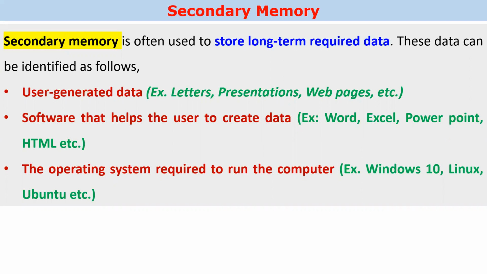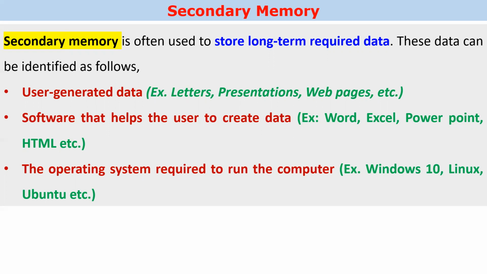These examples we are going to learn based on three categories. These three categories are actually the technology they are using to create these secondary memories. There are three different technologies they are using to create the secondary memory types.